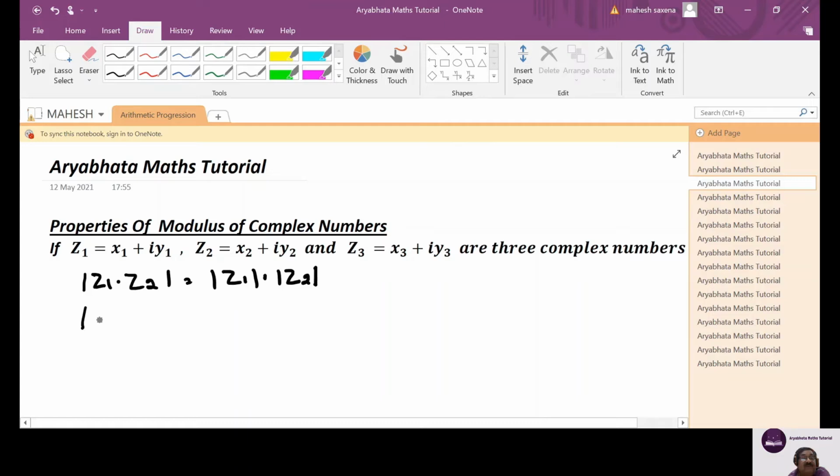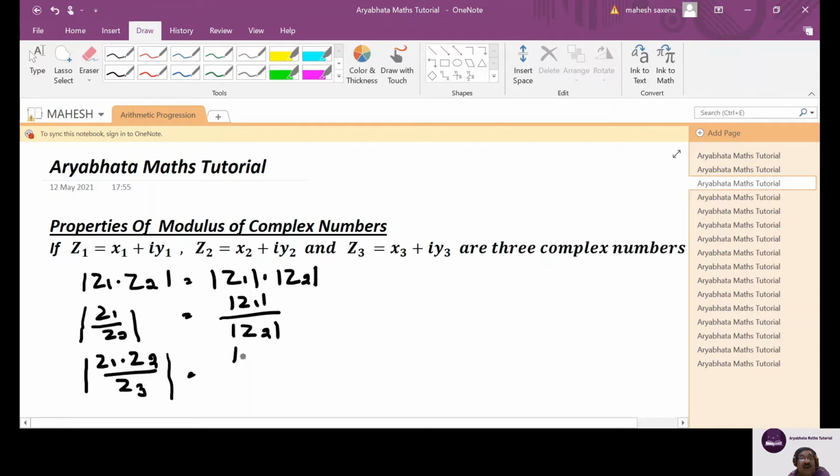Modulus of z1 upon z2 is equal to modulus of z1 upon modulus of z2. Modulus of z1 into z2 upon z3 is equal to modulus of z1 into modulus of z2 upon modulus of z3.